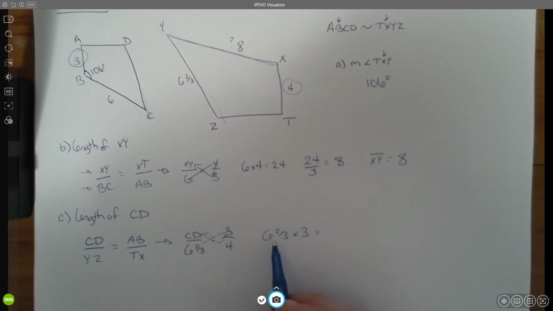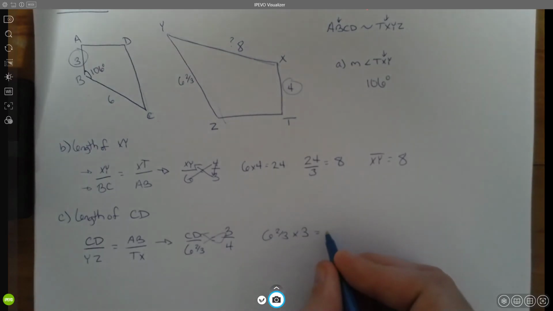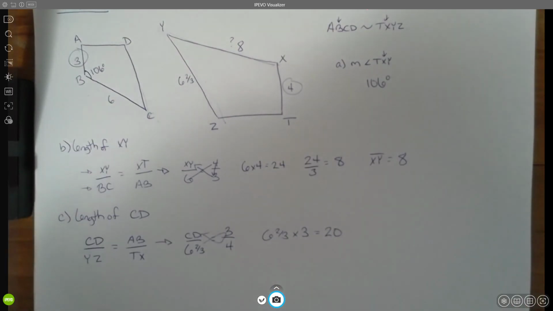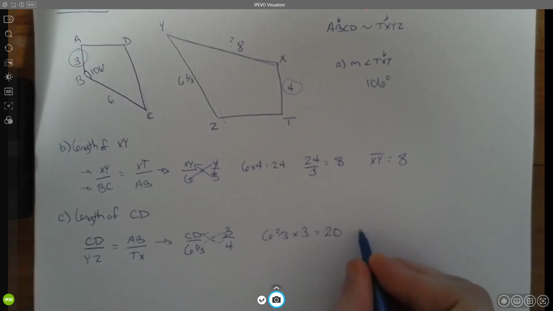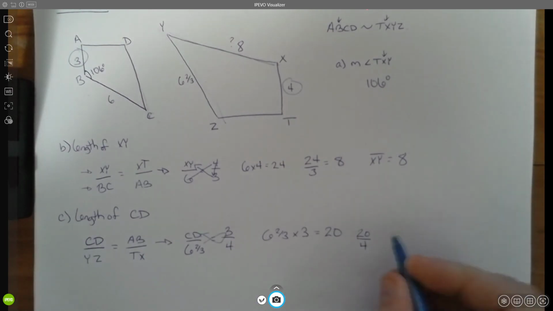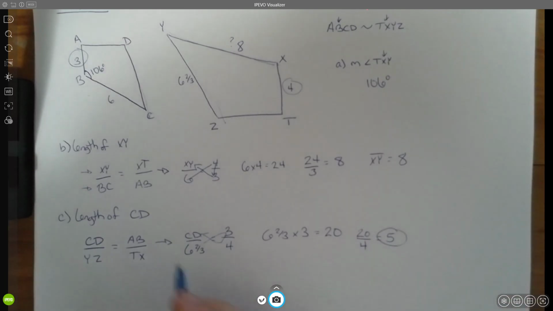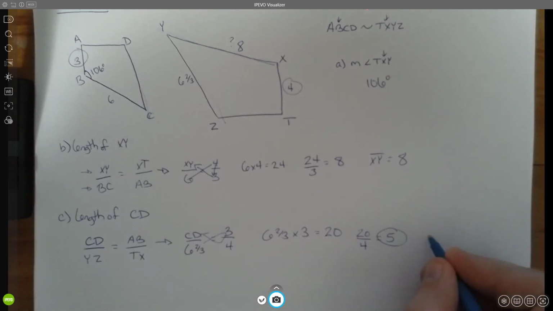So just to remind you, 6 times 3 is going to be 18. But then 2/3 times 3 is going to be 2. So 18 plus 2 gives us 20 here. Now all I'm left to do is 20 divided by 4, which is going to give me an answer of 5. And so that's my final answer. That's side length CD. So you could say that side length CD equals 5.